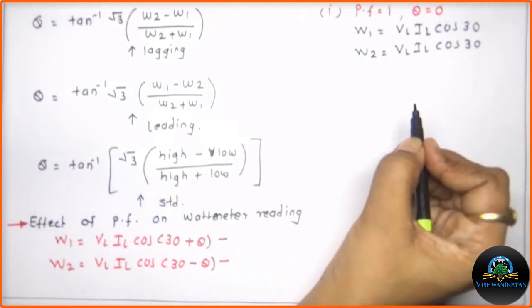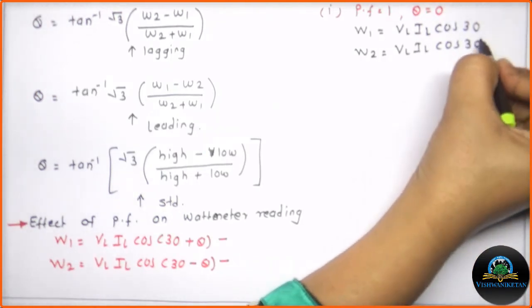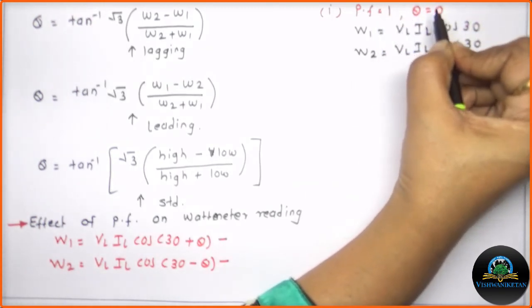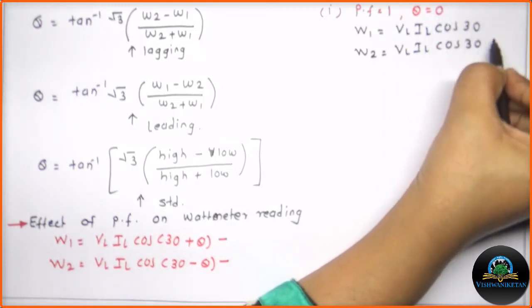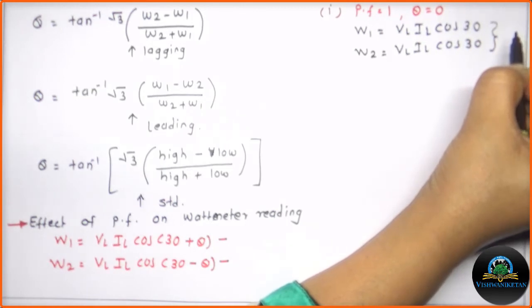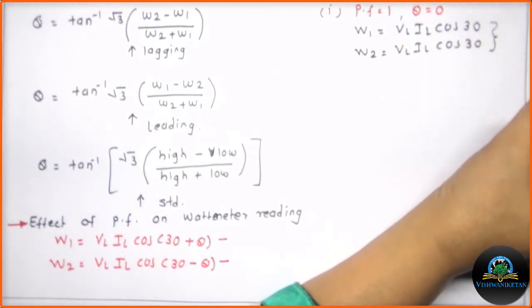What is the meaning of these two equations? They indicate that when the power factor is 1 or theta is equal to 0, both readings are positive and both wattmeters are showing the reading.